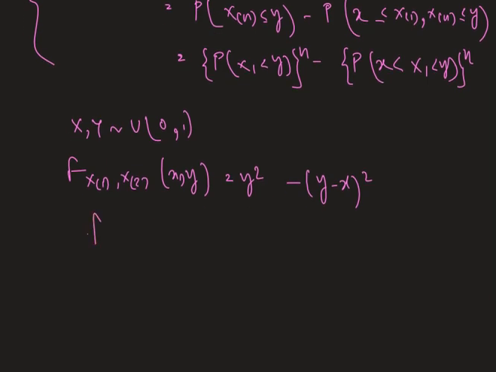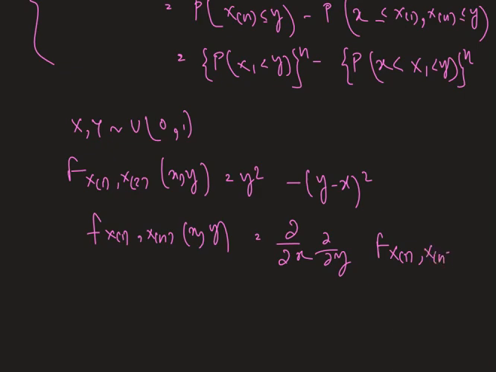Therefore, the joint density for the order statistics of x and y is nothing but the partial derivative with respect to x and y of F of X order 1, X order n, where n is equal to 2.